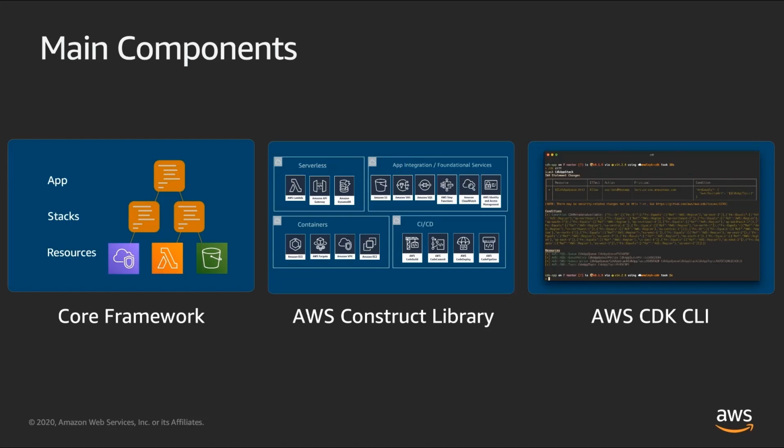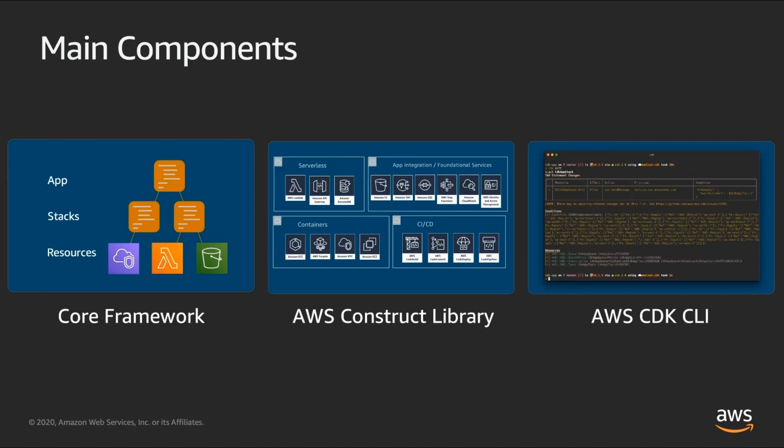Moving into that, we have the AWS Construct Library. When you're developing your AWS application, you might need to use a service from one part of our service offering to another one. Thankfully, with the AWS CDK, we offer, like I said, a one-to-one mapping of all of these services and offer that as part of the AWS Construct Library.